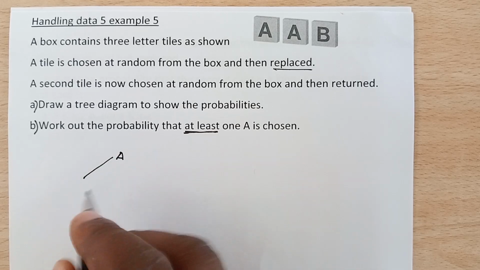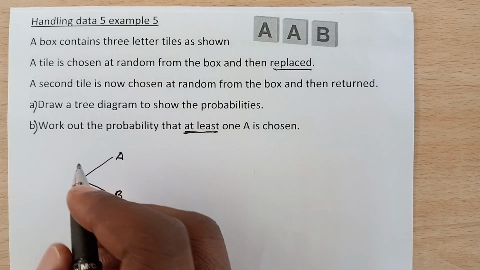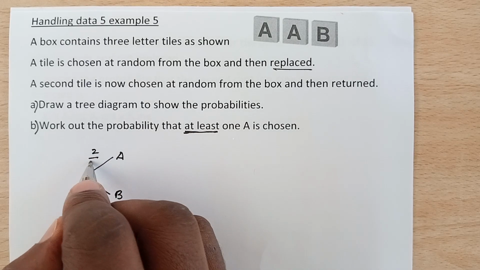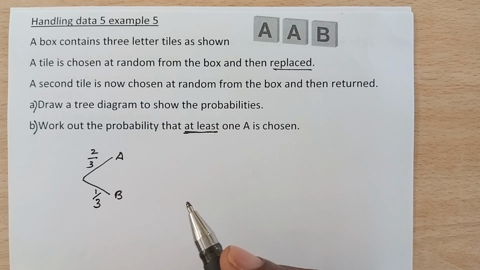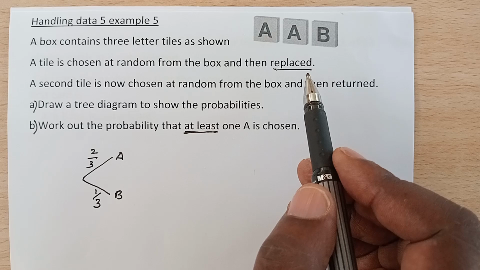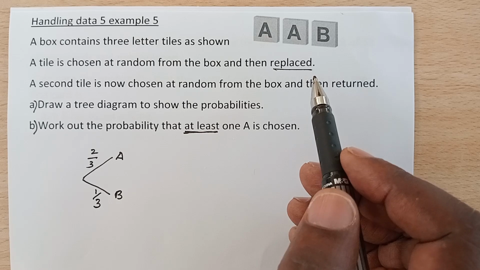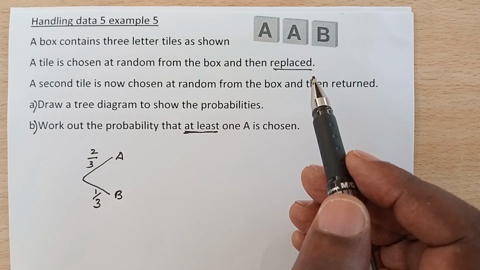We are likely to get a tile that has A or B. The probability of getting tile A is 2 out of 3, and B is 1 out of 3. That is the first picking. And then, whatever we have picked, we replace it back in the box. It means the box contains exactly the number of items that it did contain even before the experiment started.